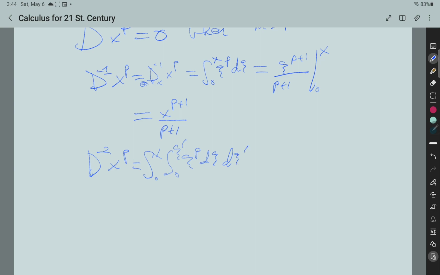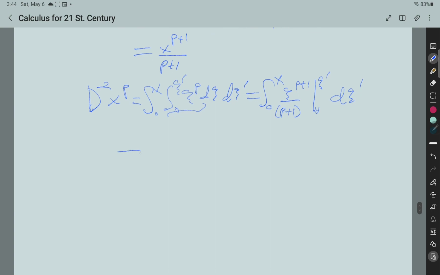Okay, so let's see the first one, the first integral here. That one will give me, from 0 to x, c prime to the p plus 1 over p plus 1. The limit of integration is 0 to c prime, dc prime. Okay, so equal to the integral from 0 to x. Plug in the limit of integration, so c prime into c.